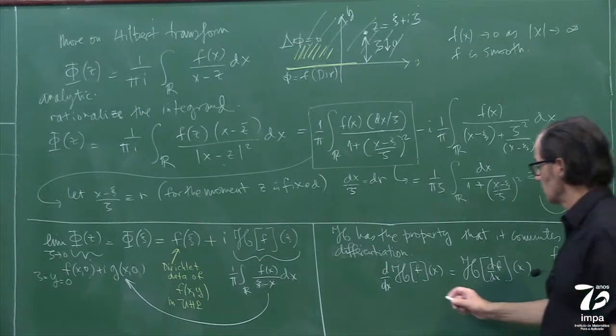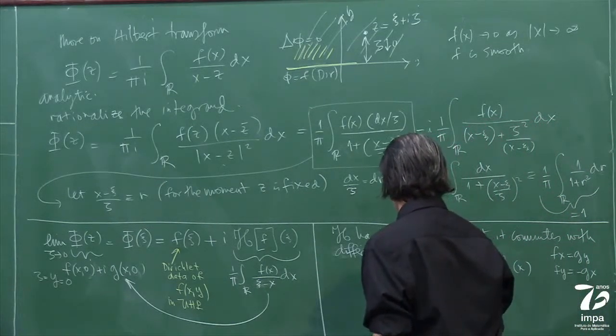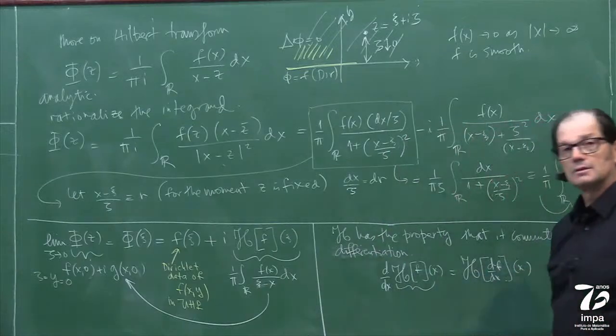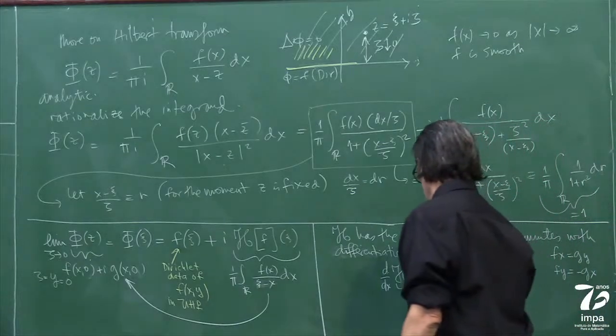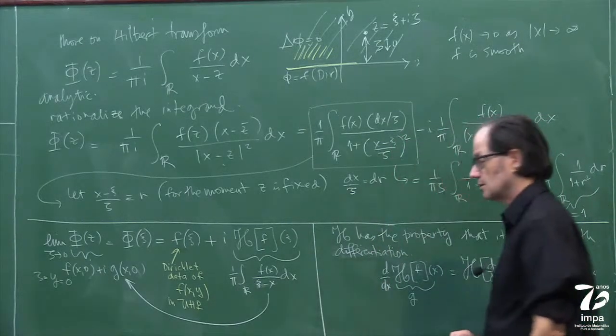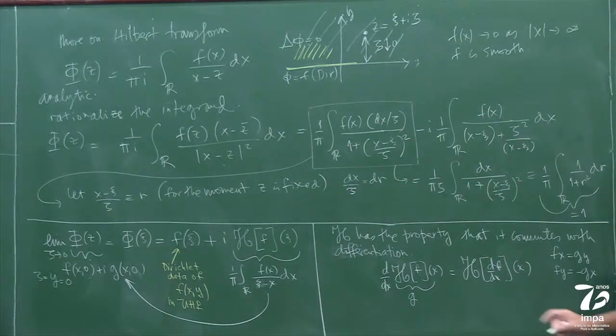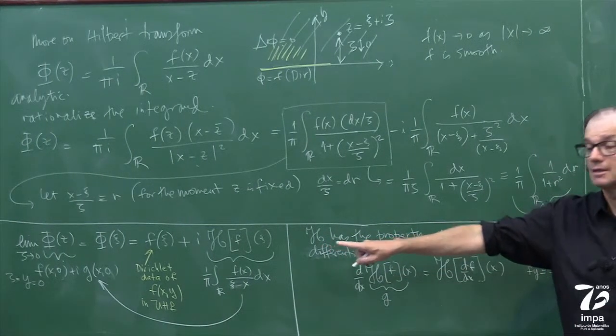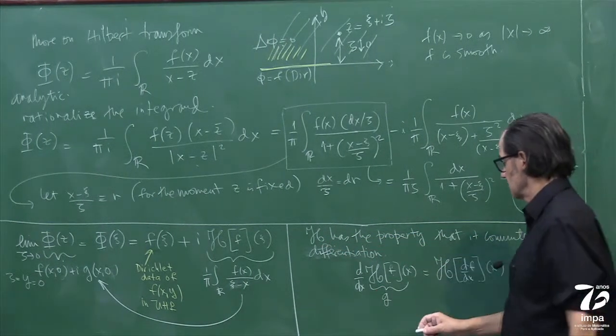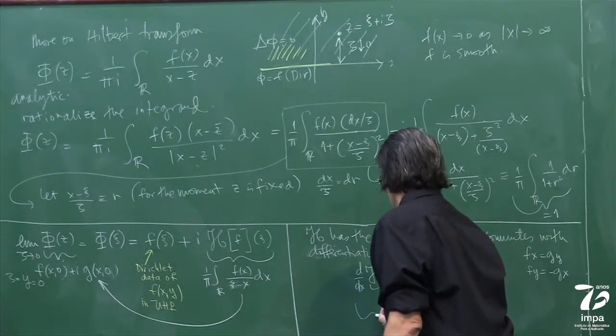Why? Because look, if this is G, do you agree? The Hilbert transform of F is G. We just saw that. But Gx, so this is Gx.